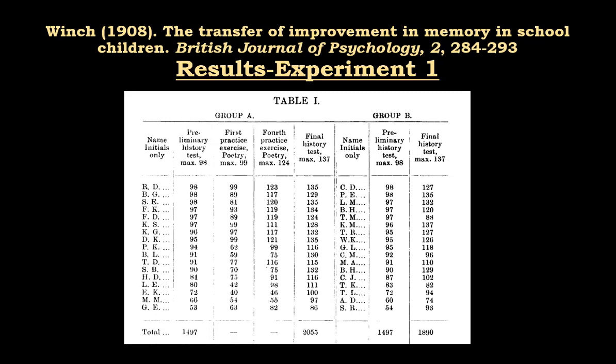And if you read the article, you'll see that Winch says things like this: that most participants in Group A perform better than the matched participant in Group B. You can see that they are ordered by performance in the preliminary history test.